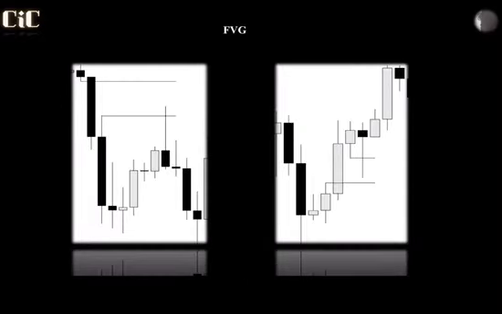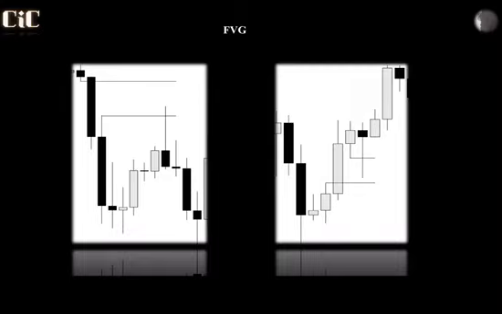FVG is a 3-candle pattern which indicates one-sided heaviness in any given market, right? Which means the market makers are pushing price low so quick and they're in such a hurry to go down to attack a certain target that they're leaving these gaps in the market.